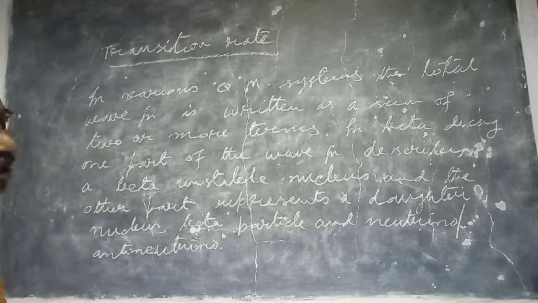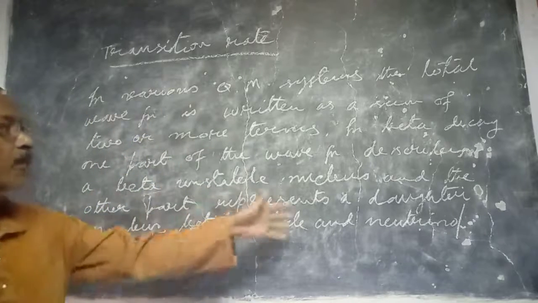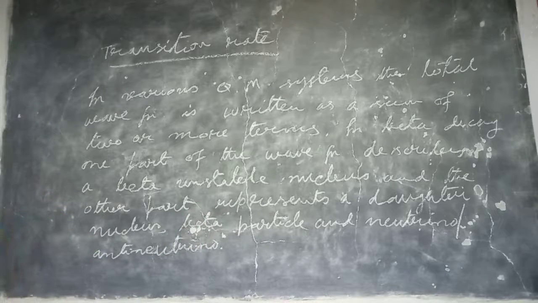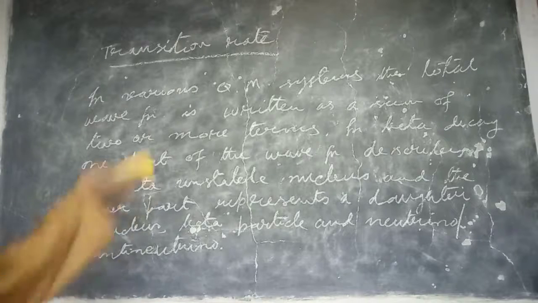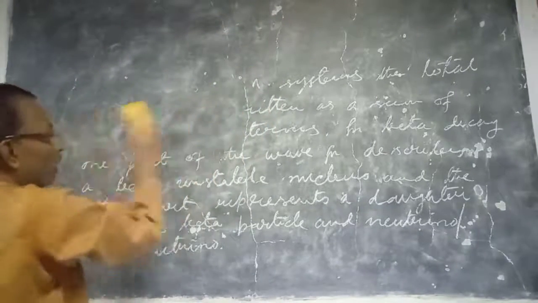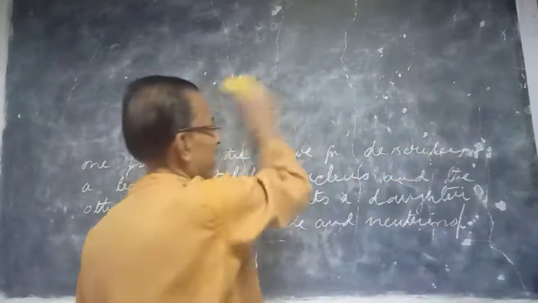Because this many particles are involved, the parent nucleus, the daughter nucleus, the beta particle and the antineutrino, the total wave function can be written in terms of the wave functions of these particles. And there is a coupling between these wave functions through the interaction, which is called the weak interaction.